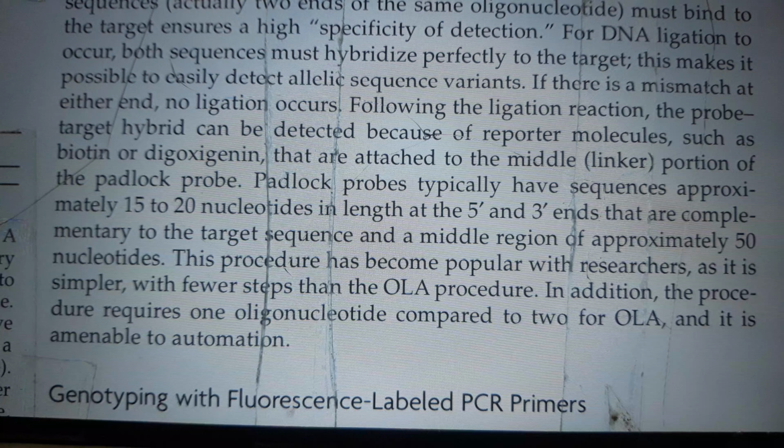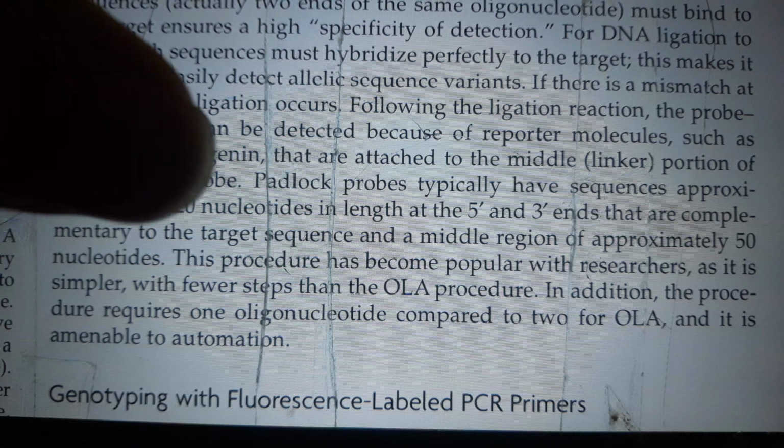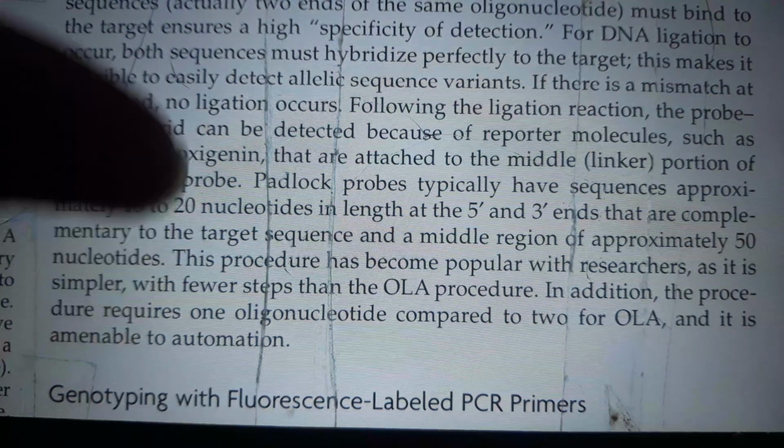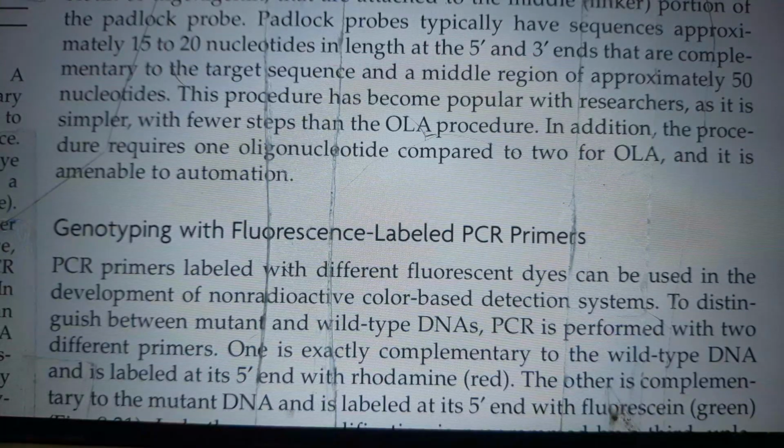Padlock probes typically have sequences of approximately 20 to 30 nucleotides at the 5' and 3' ends that are complementary to the target sequence, and a middle region of approximately 50 nucleotides.